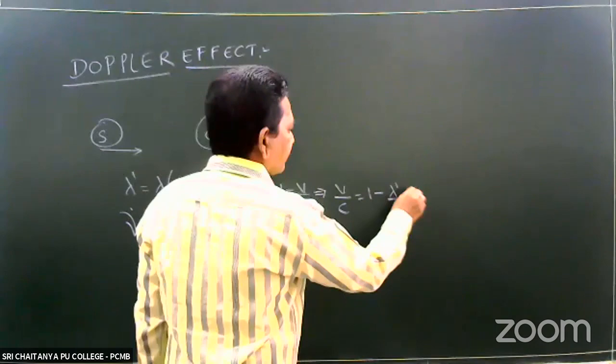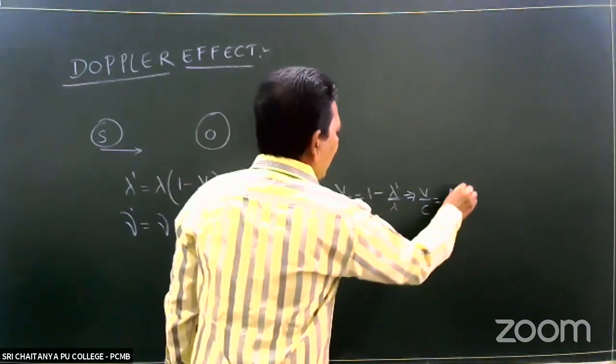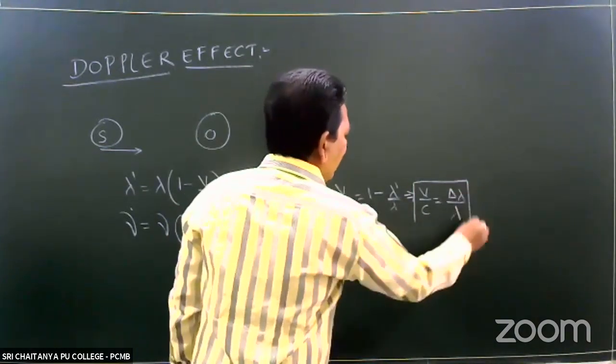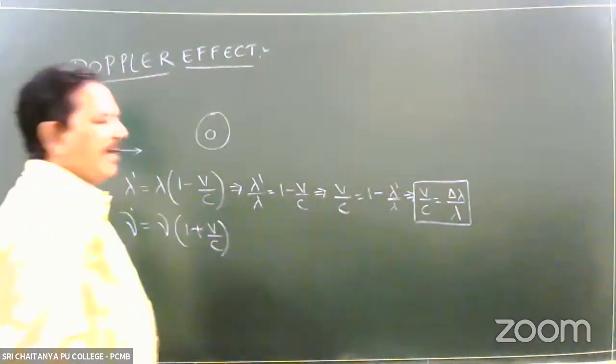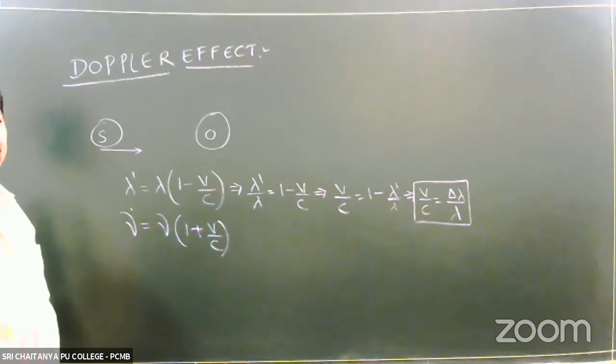This can be written as V by C is equal to delta lambda by lambda. The fractional change in wavelength of light due to the motion of the source towards the observer: delta lambda by lambda is equal to V by C, where C is the velocity of light and V is the velocity of the source.